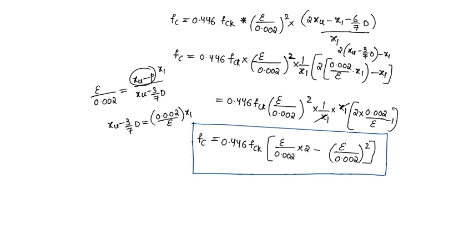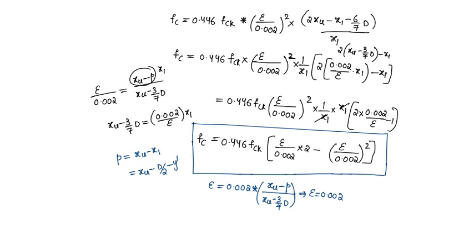where our epsilon will be equal to 0.002 into xu minus p by xu minus 3/7 of d, where our p value we substituted is xu minus x1, where x1 we substituted is d by 2 plus y bar, so this becomes minus y bar.